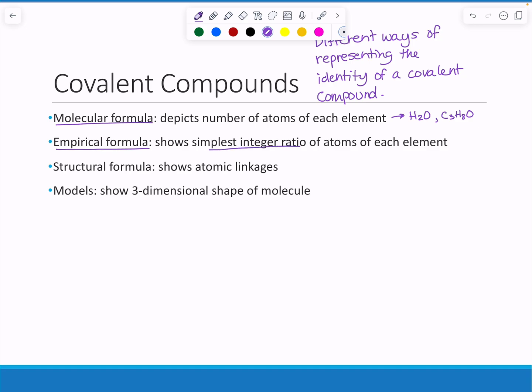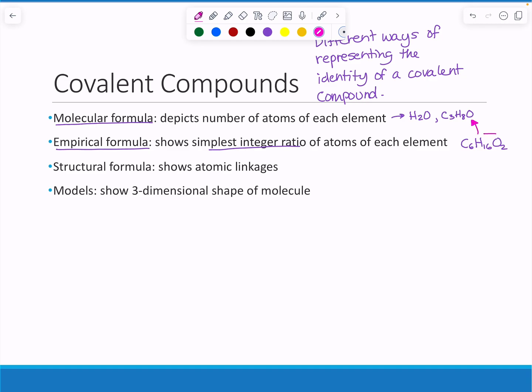So what you could do is, let's say we had a compound that had 6 carbons and 16 hydrogens and 2 oxygens, okay? That actually could be simplified, right? All I did here was I had multiplied this by 2.